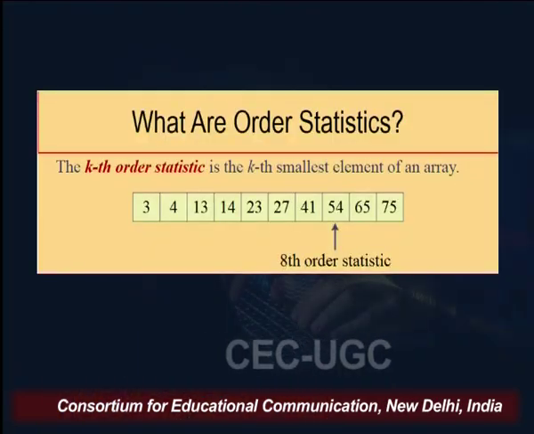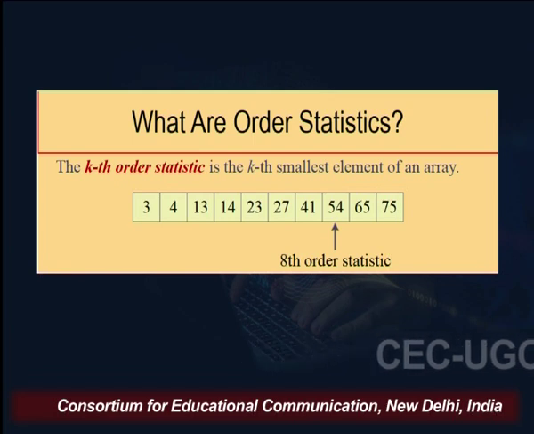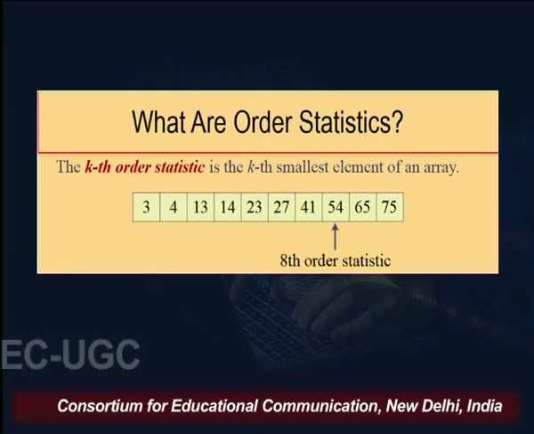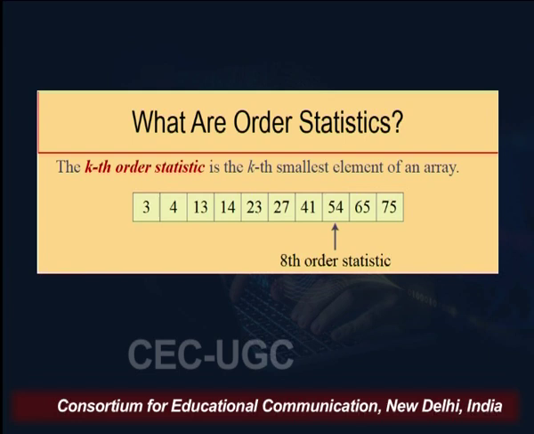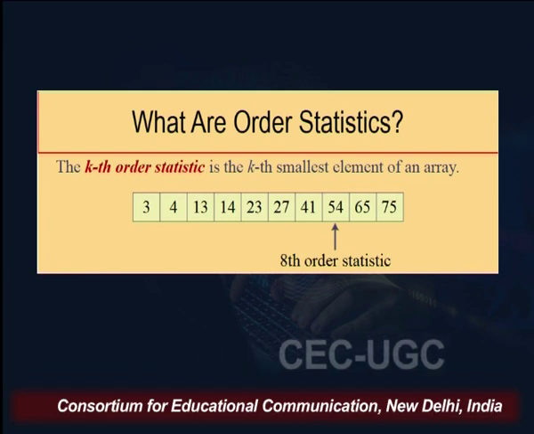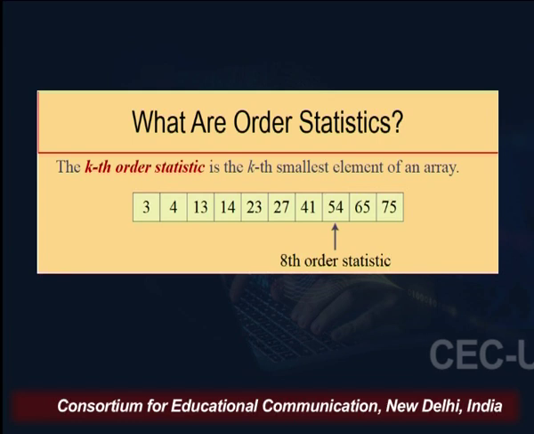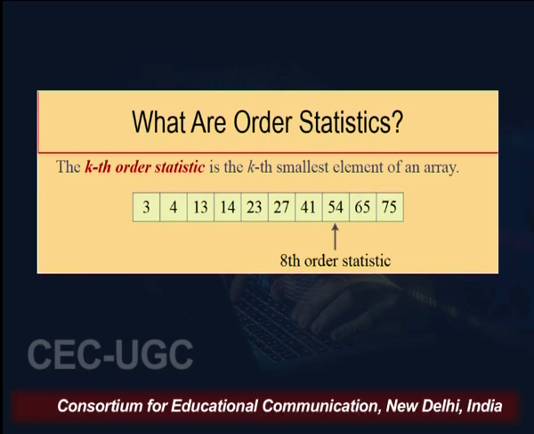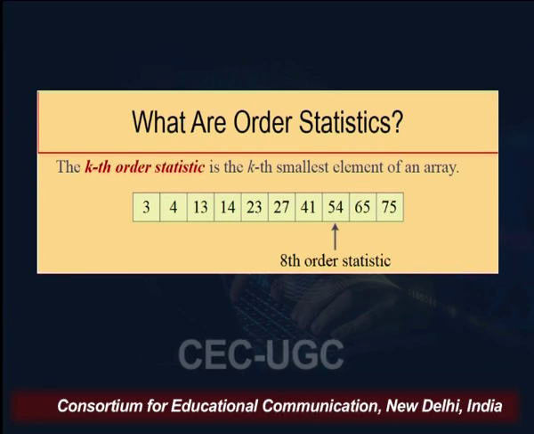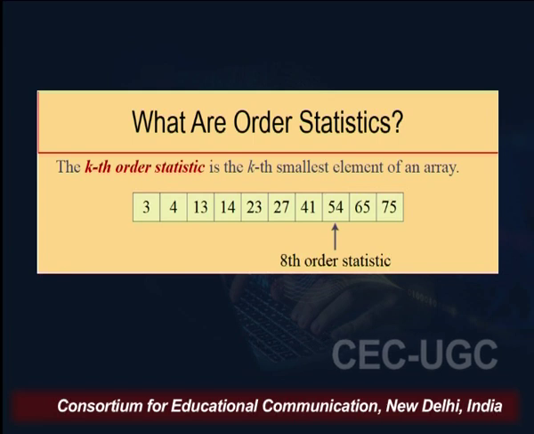We can understand this concept with the help of the visualization given on the screen. The kth order statistic, on similar lines, is nothing but the kth smallest element of the array. Here I have given you an array, which is in sorted order. The first order statistic is 3, which is the minimum element.